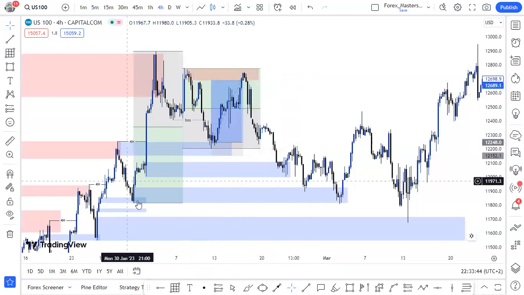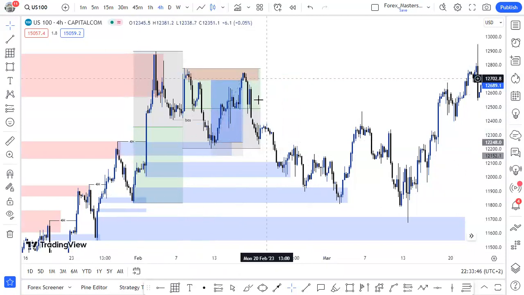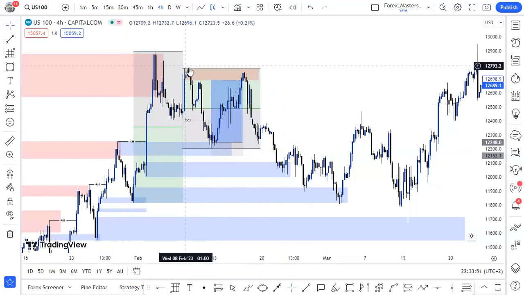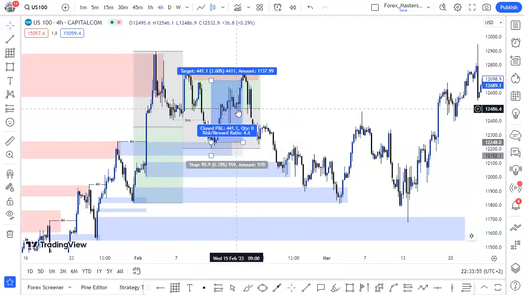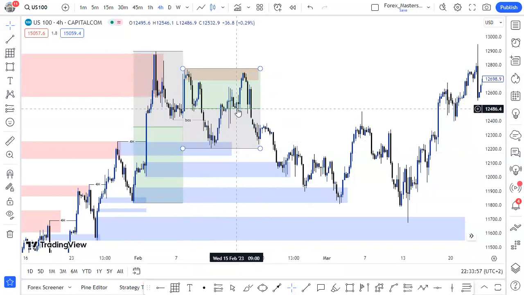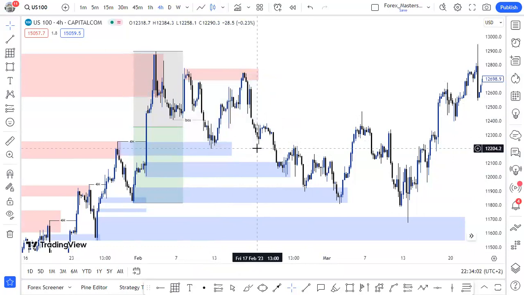I know the higher time frame is more powerful than the lower time frame, but I have to be realistic, because I don't know whether this internal structure will still influence and affect price movement. All right, so this is how you need to start thinking in those areas in terms of possibilities and probabilities.